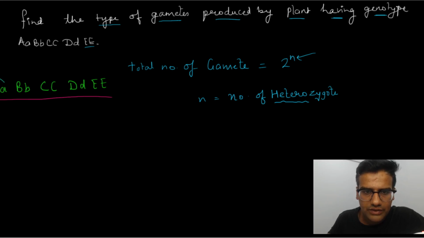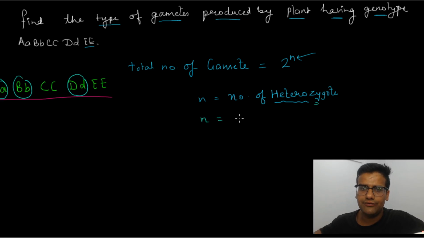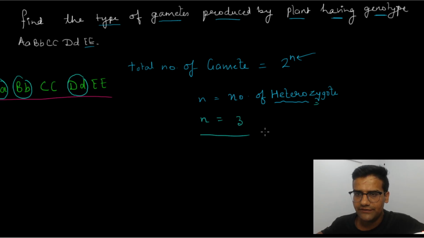Capital A small a, capital B small b and capital D small d, all three genes are present in the heterozygous form. So the value of n is 3.